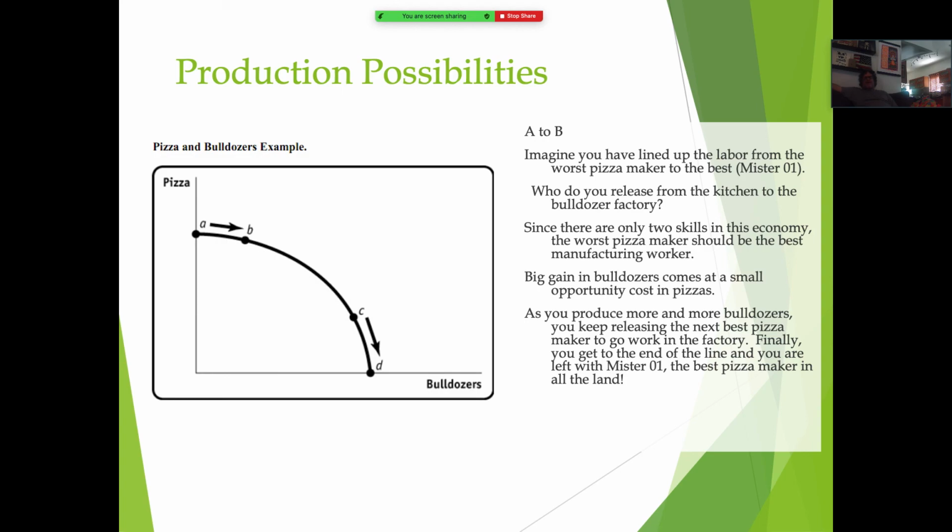That's the law of increasing opportunity costs. The resources aren't transferable between each other. And so at the very beginning you give up very little, and then as you move closer towards the end, you give up a lot.